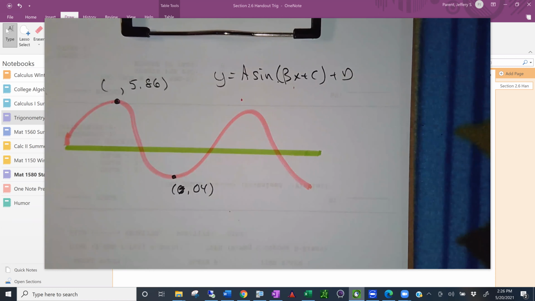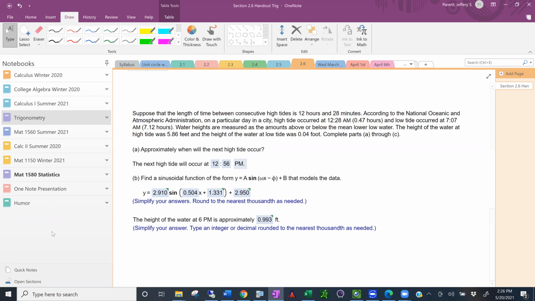Applying that to this problem, which represents the heights of high tide and low tide, one of the first things I see is that it's 12 hours and 28 minutes between high tides. According to the National Oceanic and Atmospheric Administration, on a particular day, high tide occurred at 12:28 a.m., that's 0.47 hours, and low tide occurred at 7.12 hours.